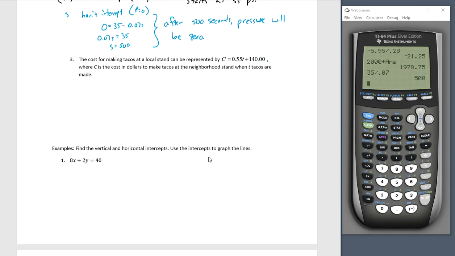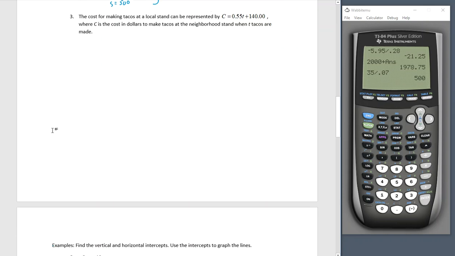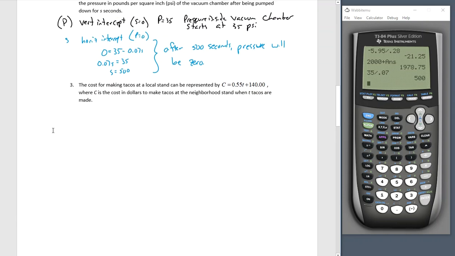All right, let's make some tacos. Before we make tacos, I'm going to put that on another page. Let's look at tacos. The cost for making tacos at a local taco stand can be represented by C equals 0.55T plus 140. C is the cost in dollars to make tacos at the neighborhood taco stand when T tacos are made.